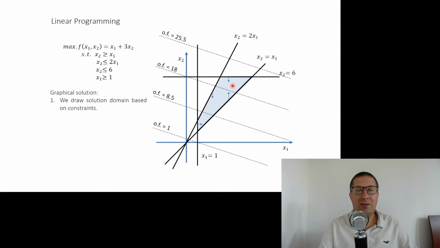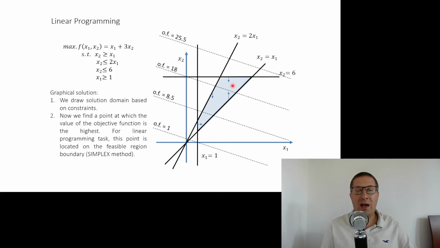Now we have to find a point at which the value of the objective function is the highest. We have to maximize the function. For linear programming tasks, this point is located on the feasible region boundary, on the edge, on a constraint somewhere.